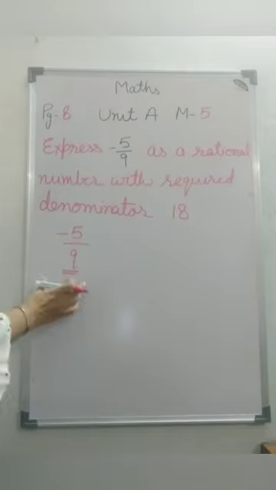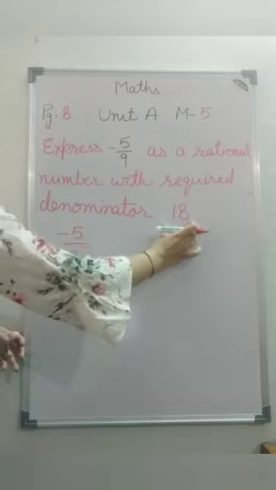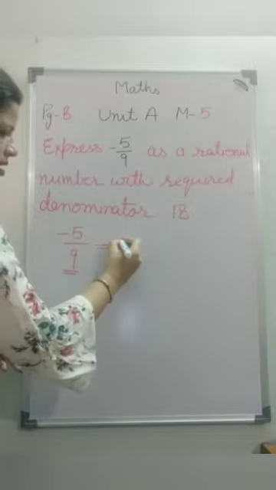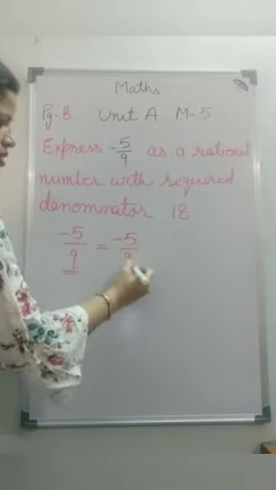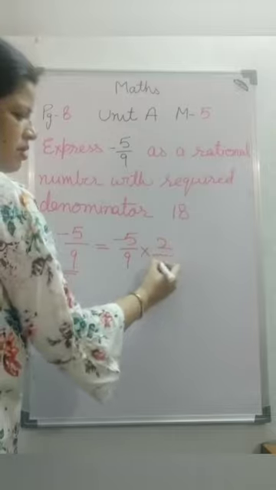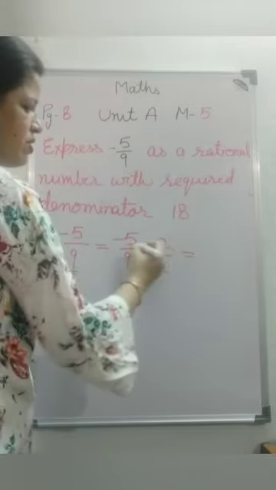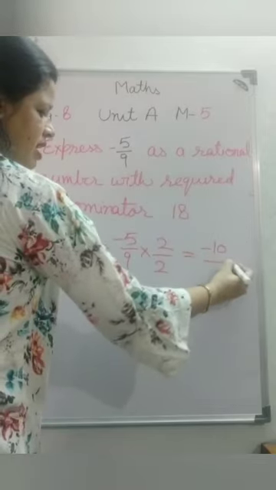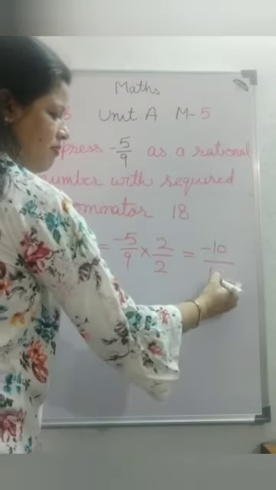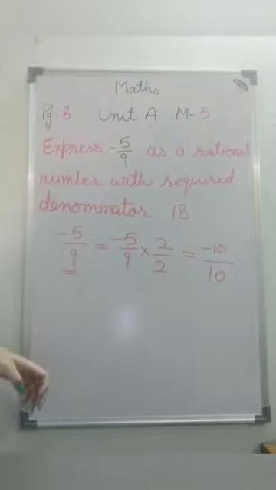So by which number do we multiply minus 5 upon 9 so that the denominator becomes 18? By which number do we multiply 9 so that it becomes 18? Yes, 2. 9 twos are 18. So minus 5 into 2 is equal to minus 10, and 9 into 2 becomes 18.